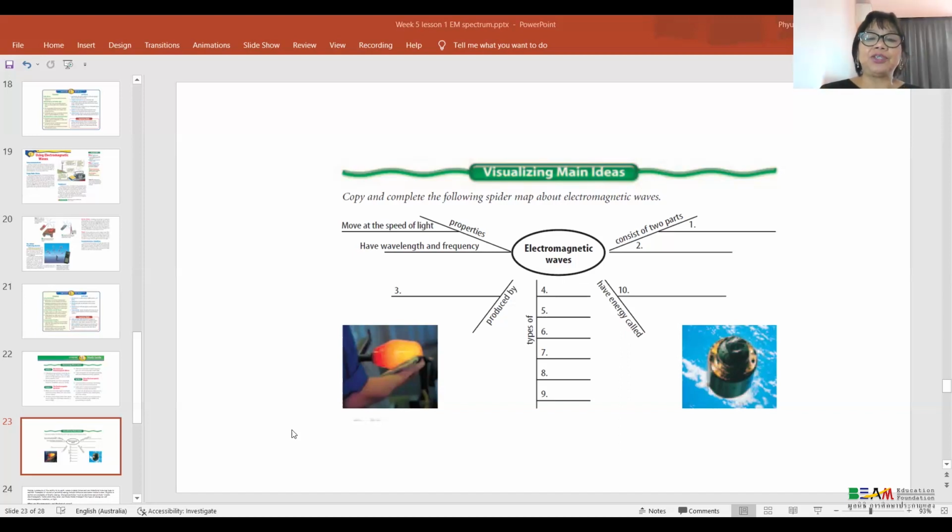Okay, and types of electromagnetic waves. This is an easy one. Can someone tell me one type of electromagnetic wave? We can start from lower frequency or higher frequency. Let's start from the lower frequency. Radio wave, very good.